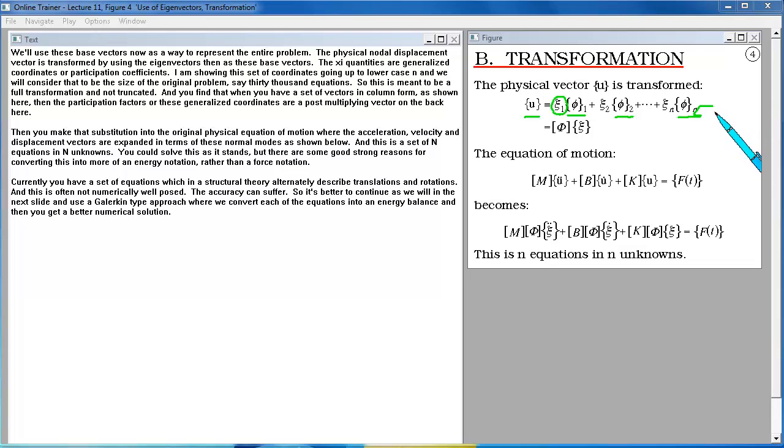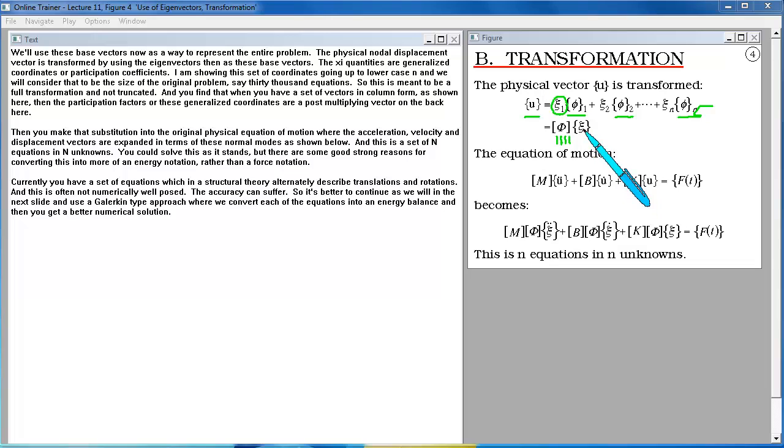So this is meant to be a full transformation and not truncated. And you find that when you have a set of vectors in column form as shown here, then the participation factors, or these generalized coordinates, are a post-multiplying vector on the back here.